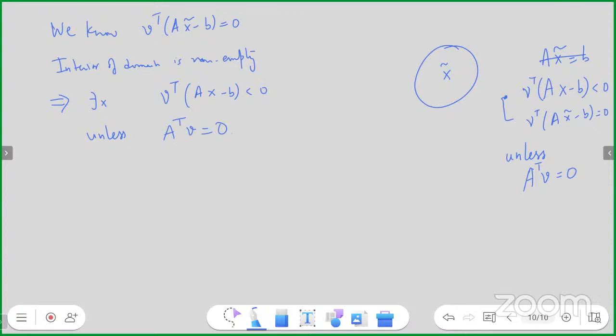What happens when A transpose B is zero? Essentially, B belongs to the null space of A. What will happen if this is possible?